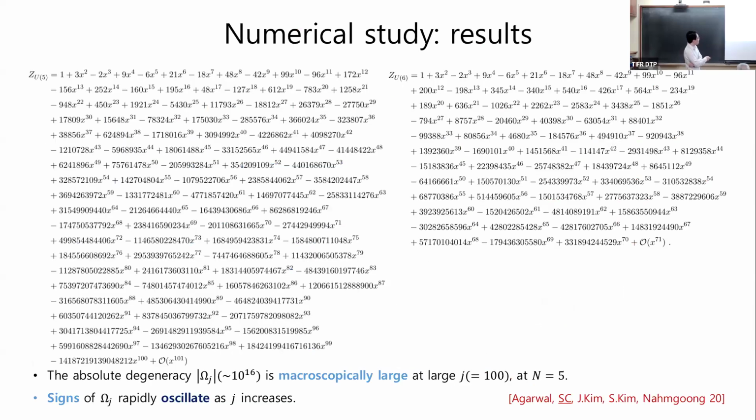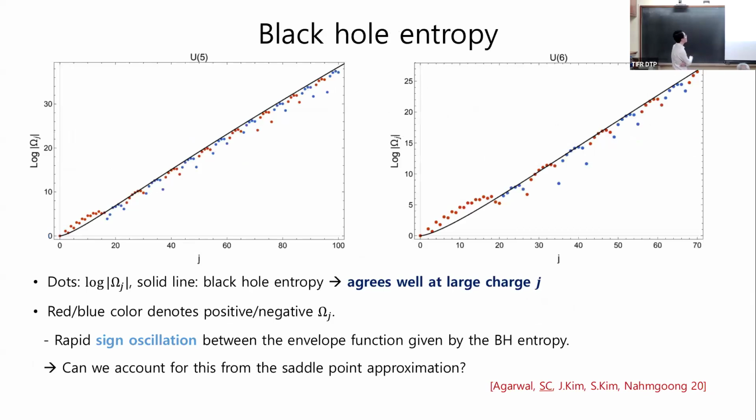Okay, so we compute this, and we draw this in this figure. This black line is nothing but the black hole entropy, just putting n equal 5 or n equal 6. So you can see that the index degeneracy really agrees well with the black hole entropy at large J. But the thing happening here, the blue and red dots, means that the sign in front of the degeneracy is plus, minus, plus, minus, plus, minus.